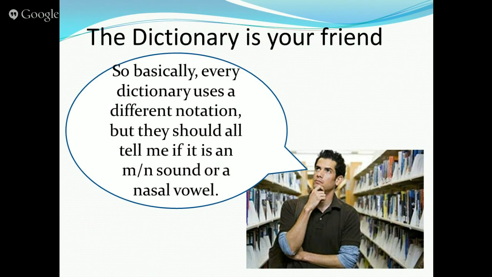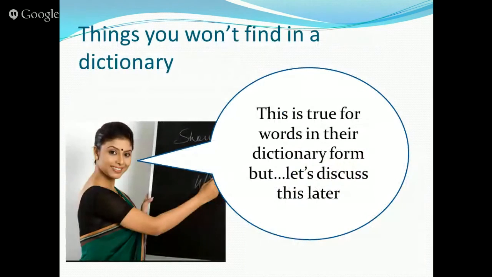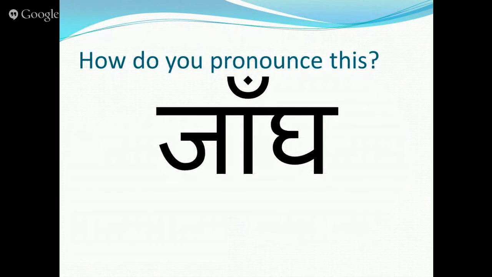So the dictionary is your friend. So this is true for words in their dictionary form, but okay, we're going to discuss something a little bit later. So how do you pronounce this?